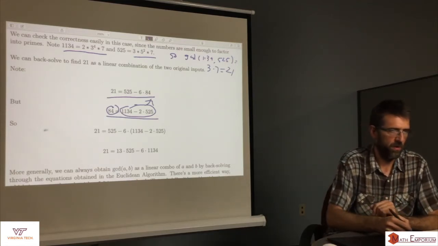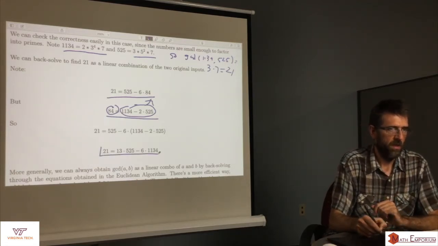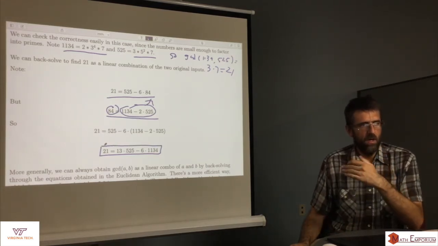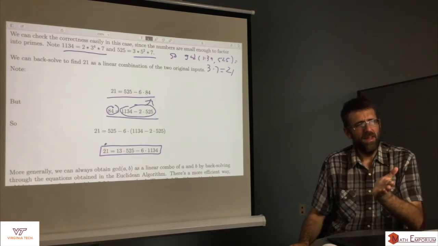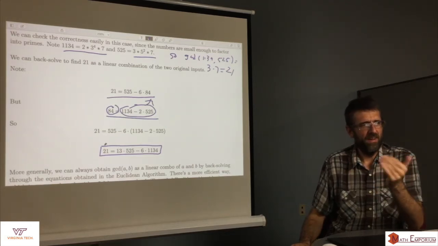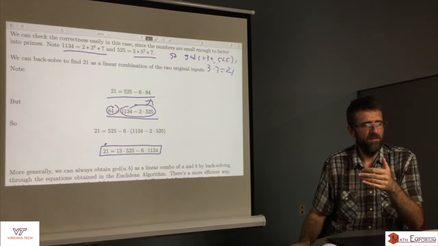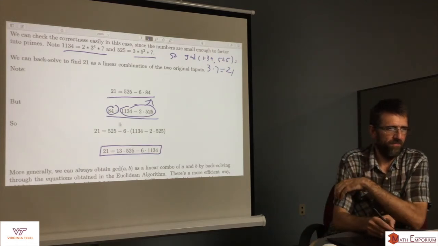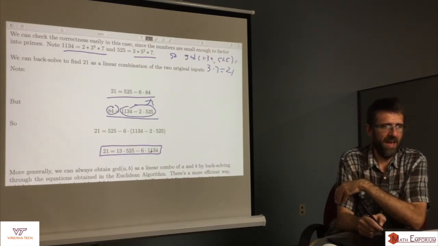So I've written 21 as a linear combination of 525 and 1134. Again, this was a simple process because we only had relatively few equations. But imagine that these weren't my original two inputs and I had 1134 and something else.